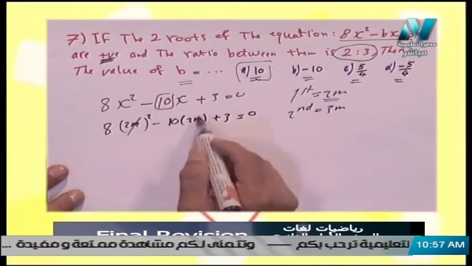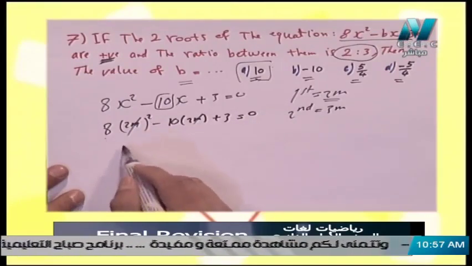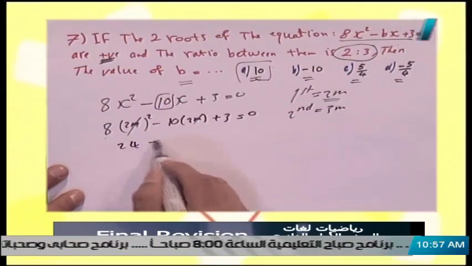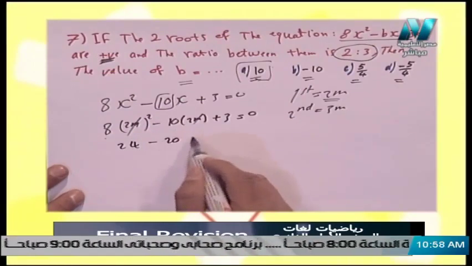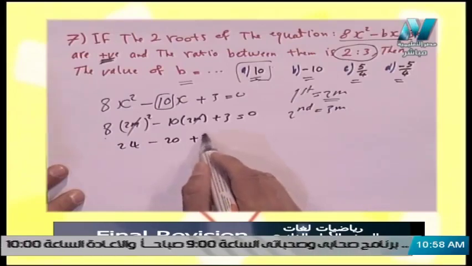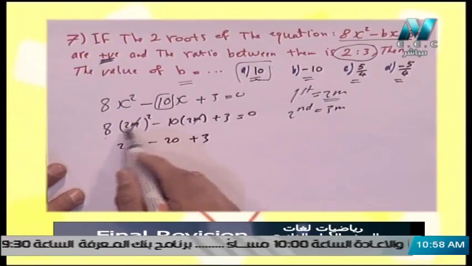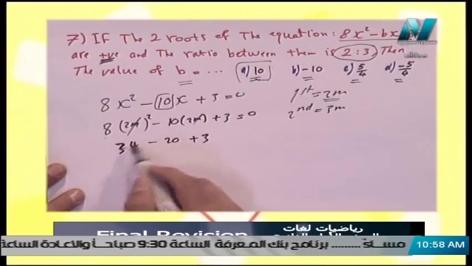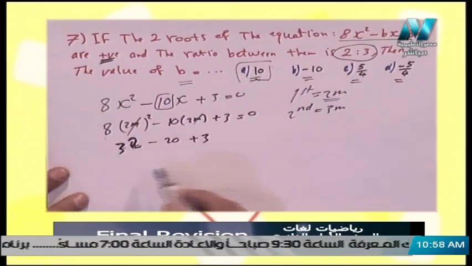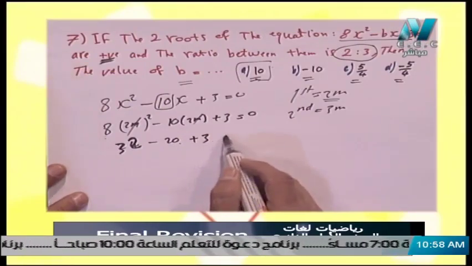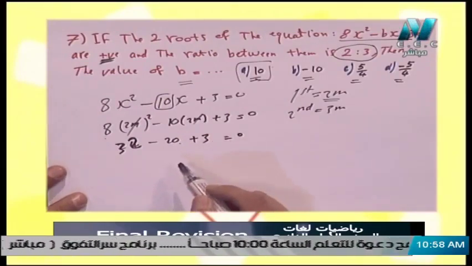Okay, we can cancel m. 8 times 2 equals 16, 2 power 4. 4 times 8 equals 24 minus 20 plus 3. Okay, 4 times 8 equal 32, sorry, and this is negative 20 plus 3 is equal 0 or not?